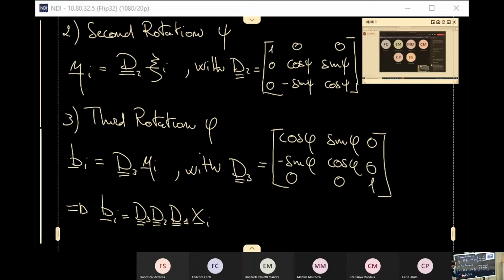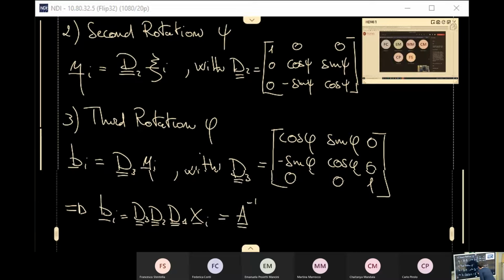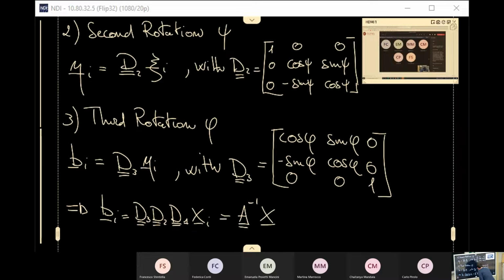While here, you see we have something that operates in the inertial frame and gives you something in the local frame. So we can write that this is just our A to the -1, right? Does this confuse you? No, right?